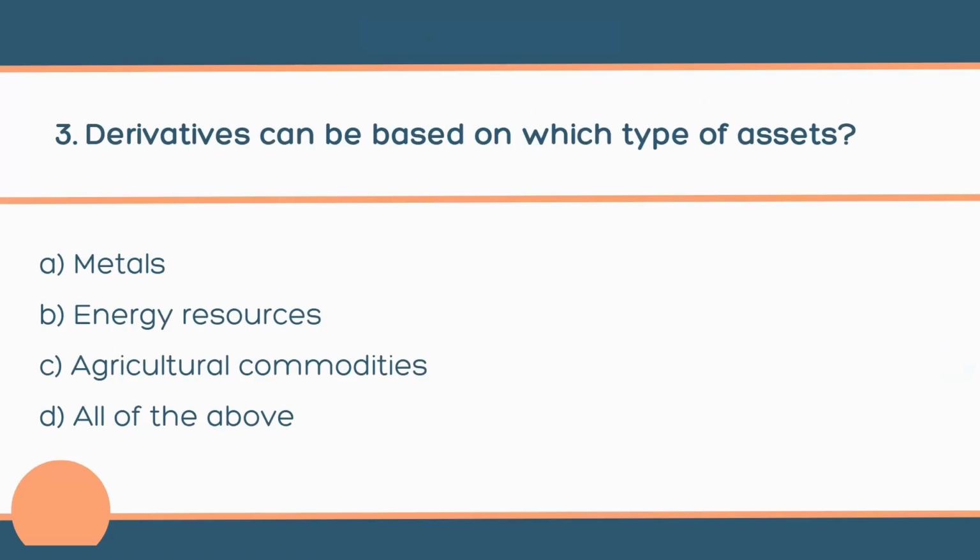Derivatives can be based on which type of assets? They can be based on metals like gold, energy like oil, or agriculture like wheat. Almost any asset can have a derivative. So the answer is all of the above.